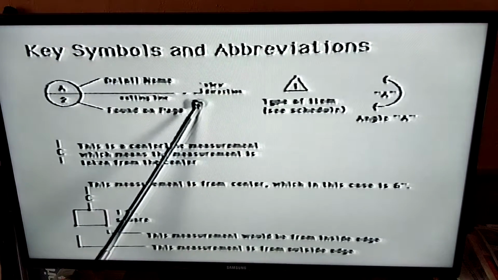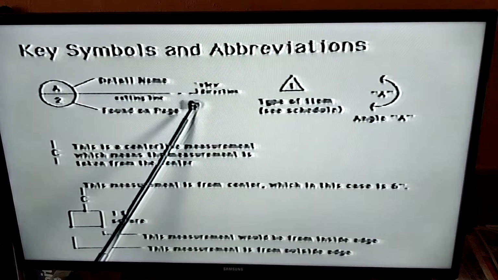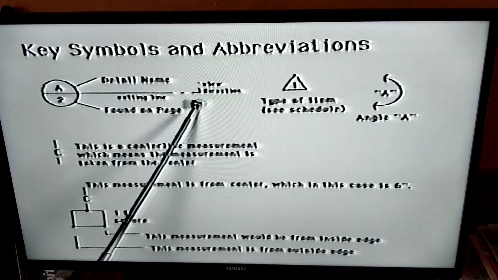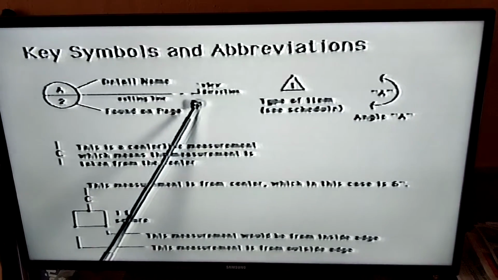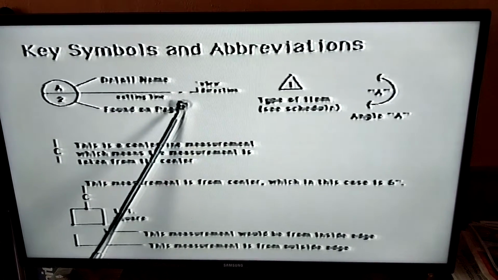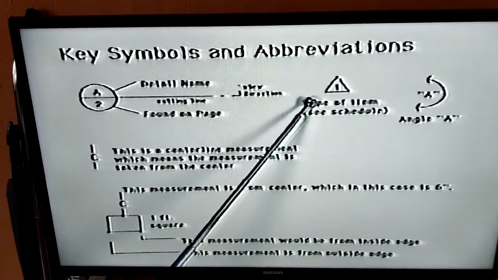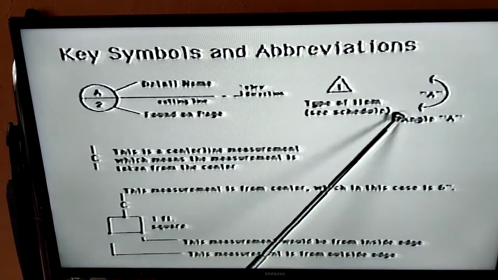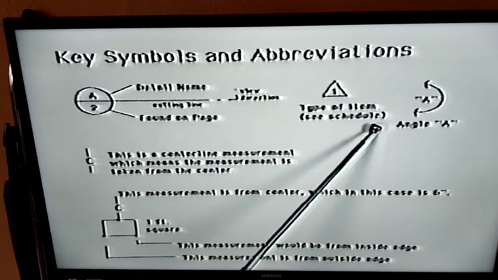This could be important because sometimes information that you need is not on the detail of the specific thing you're looking for. You may find the information that you need, however, because it's in the background of another detail. And the only way you would know that is by recognizing how the detail was oriented. A symbol like this indicates that there's a schedule. A symbol like this indicates that there's an angle that's being pointed out.